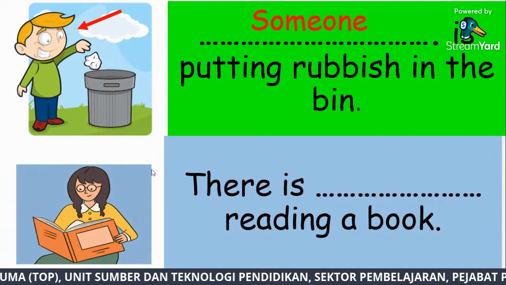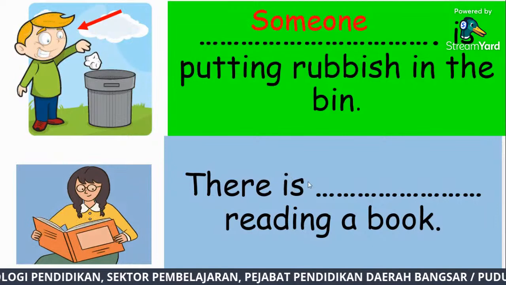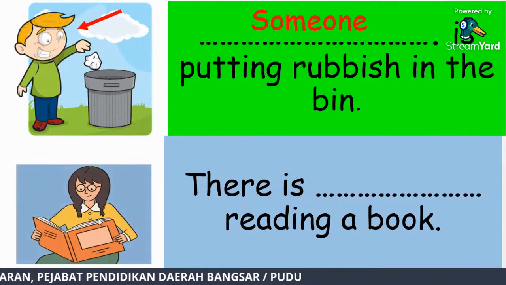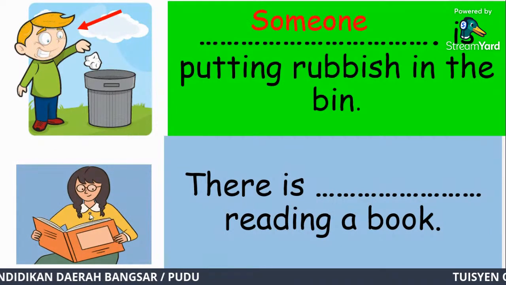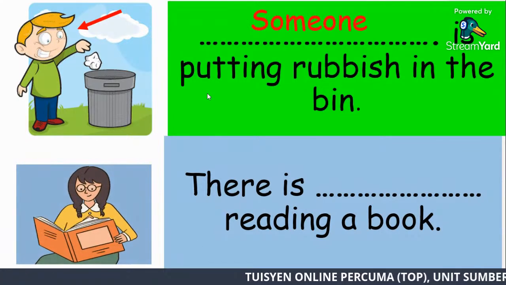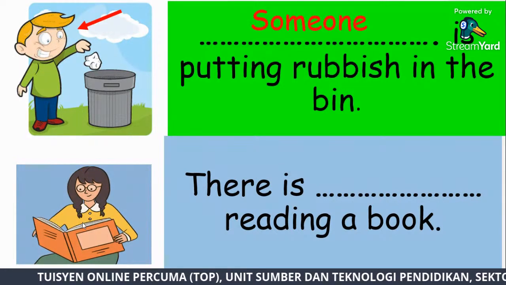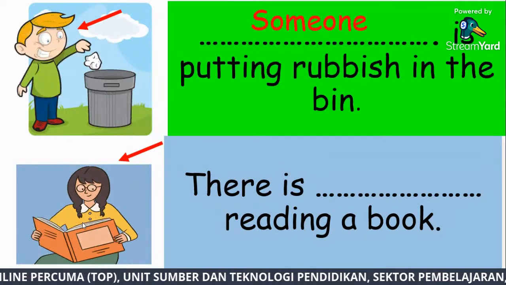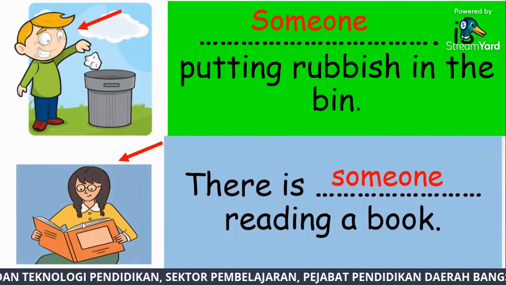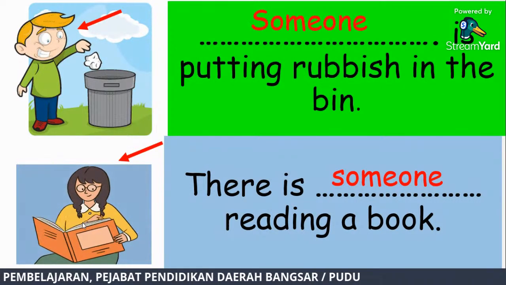So here you can see the singular verb is here, followed by the indefinite pronoun. So there are two different ways of saying the sentence. And how can you say this? This is a person, right? So again, there is someone reading a book. So you have to be clear.